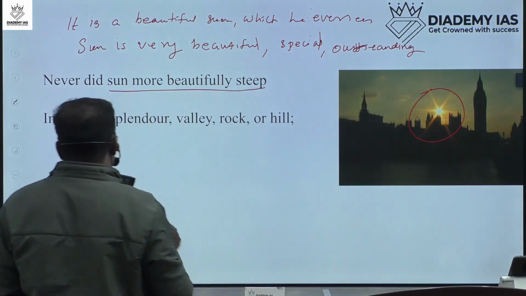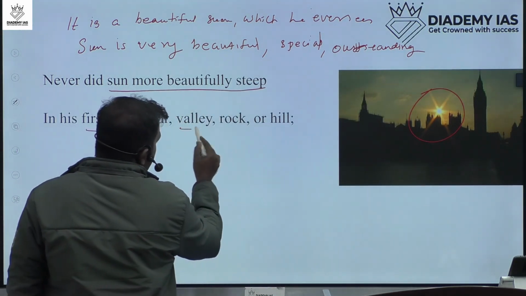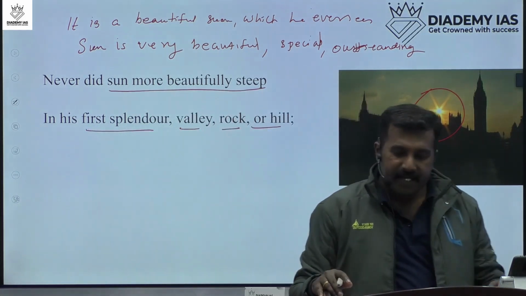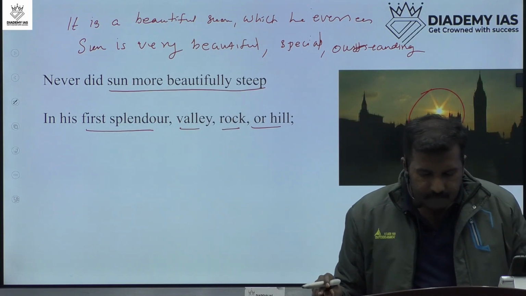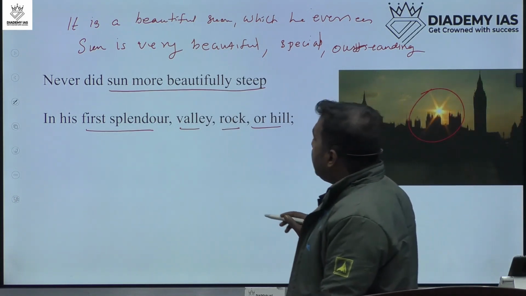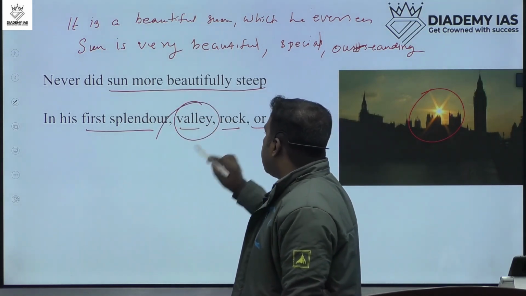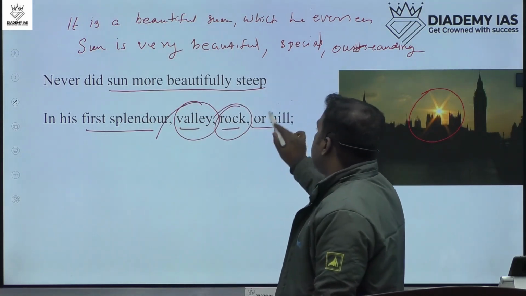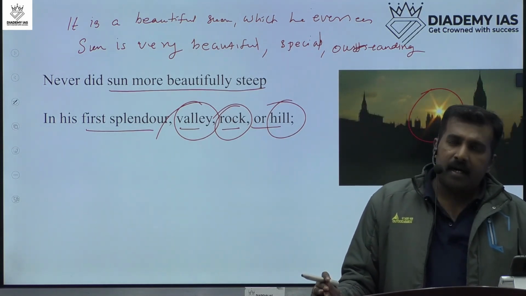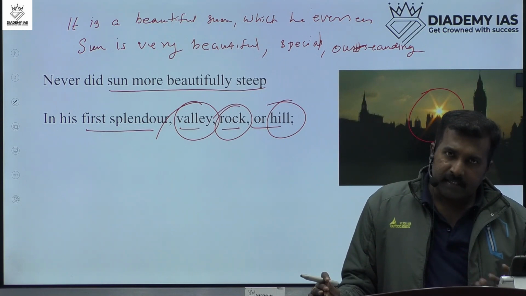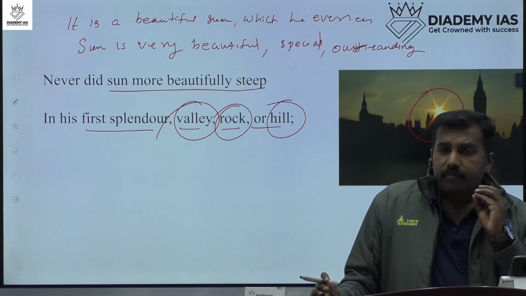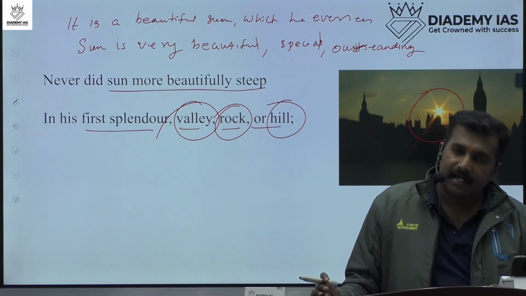And in his first splendor, valley, rock, hill, it means that the poet says that a lot of natural features, and valley is a natural feature, rock is a natural feature, hill is a natural feature. Okay. And all these natural features appear very beautiful with the presence of sunlight.